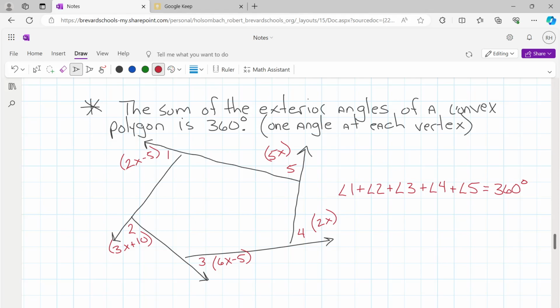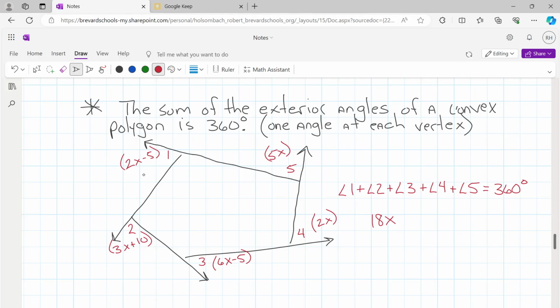So if we have to solve for x, we're just going to write an equation, set it equal to 360. And here's what I mean. We're going to combine a 2x and a 3x. All right, let's combine all of our like terms. 2x plus 3x is 5x, plus 6x is 11x, plus 2 more x is 13x, and 5x is we got 18x. Well, this works out nice.